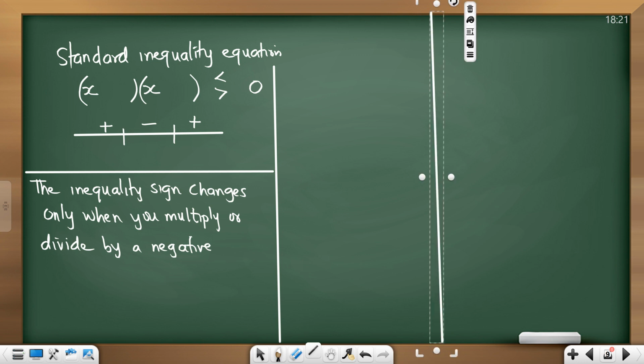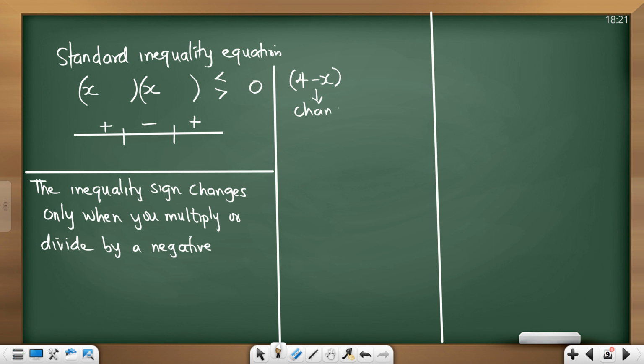Point number 3. If you don't have it as standard, for example, 4 minus x, please change this. And how do you change? You multiply the whole thing by a negative by doing sign change. So I'll put a negative in front.